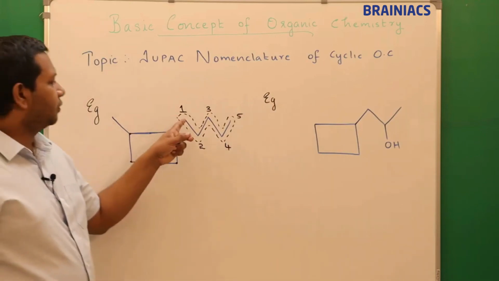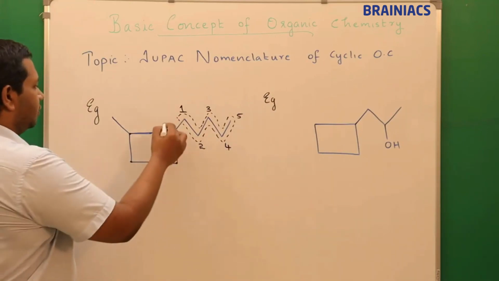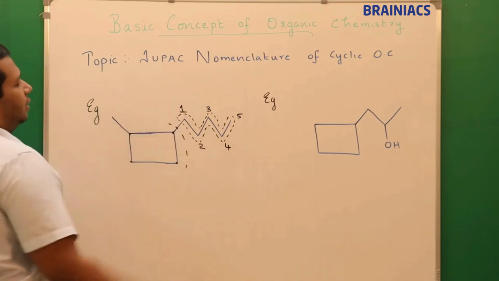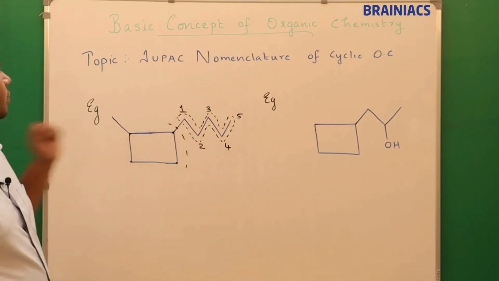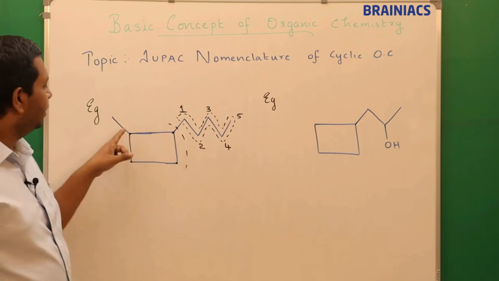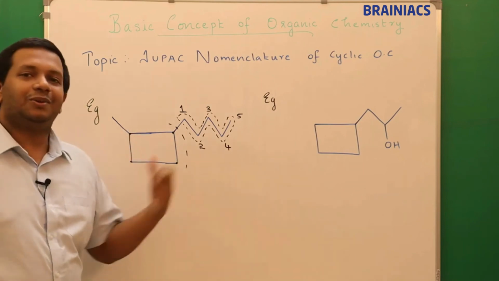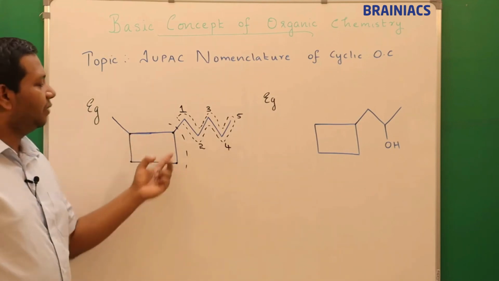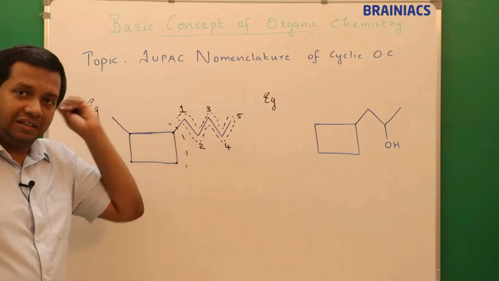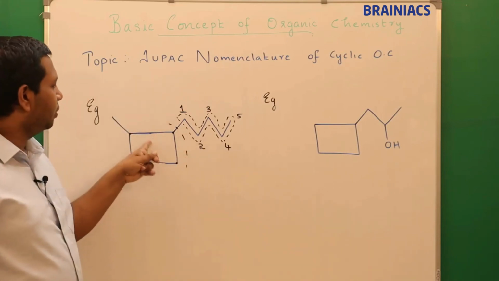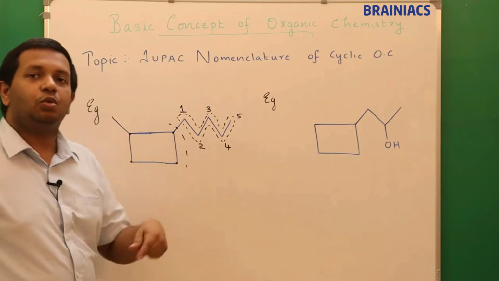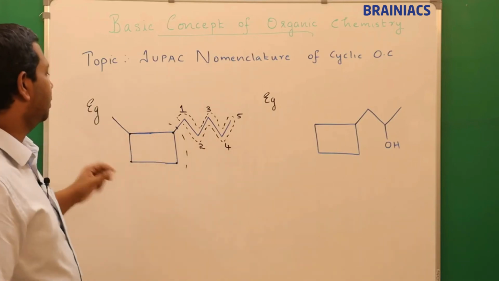Now in the first carbon there is a substituent, correct? And in this substituent there is another substituent, so we need to do another numbering. Whenever there is a substituent and inside that substituent there is another substituent, we need to do another numbering inside that substituent.